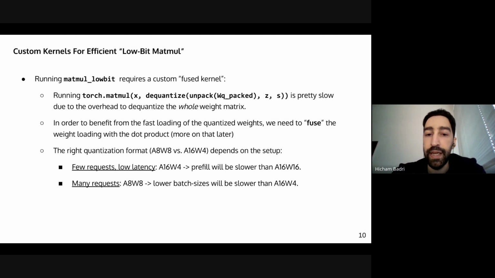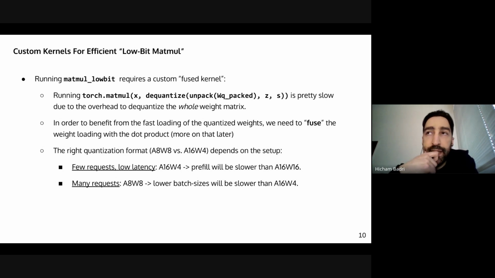In this situation, quantizing the weights to 4 bits is probably the best choice, or even going lower, because your prefill is relatively small, but you're decoding a lot of tokens, and in every decoding step you're just decoding one token at a time, and this is a really memory-bound situation. So compute is not the problem. The problem is how fast you can load these weights. So in this situation, you want to quantize these weights as aggressively as you can.